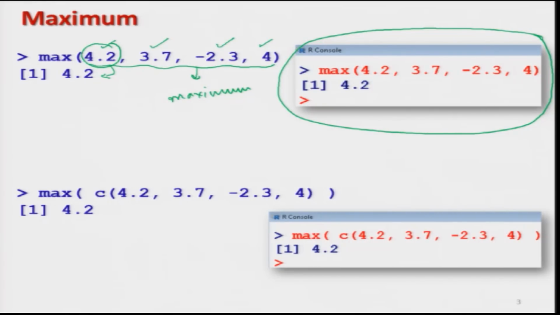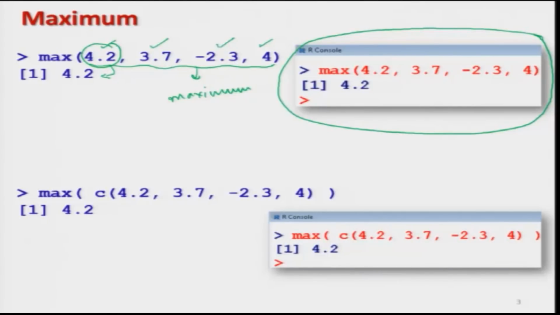And one thing you have to observe here: earlier I told you that whenever you give data, you have to give it in the form of a data vector using the C command. But there are some built-in functions which can be used without using the C command. So I am giving you an example of this max function.